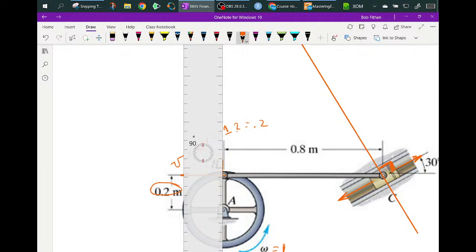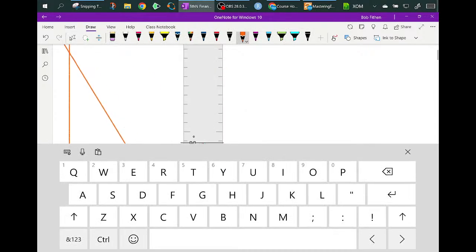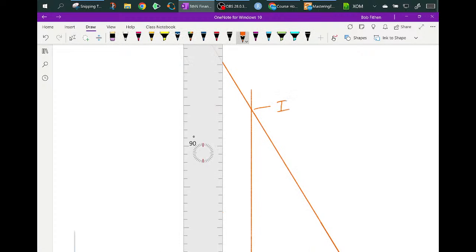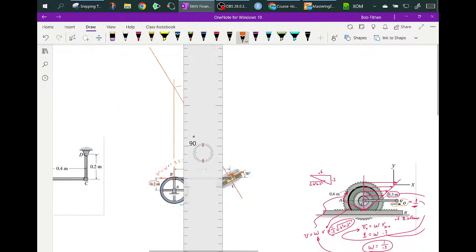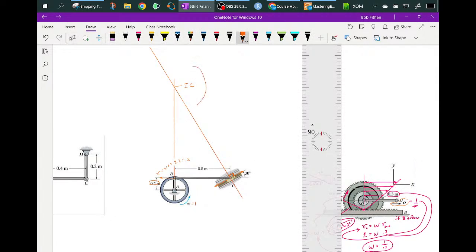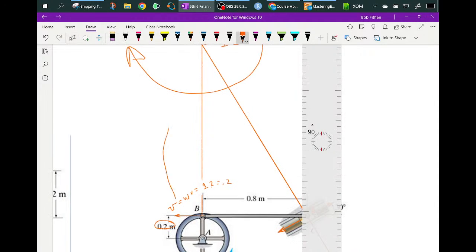Okay, well, here. And in fact, here's your instant center up here. And it appears like this thing is rotating that way. The reason you can make that assumption is because the velocity down here is to the left.